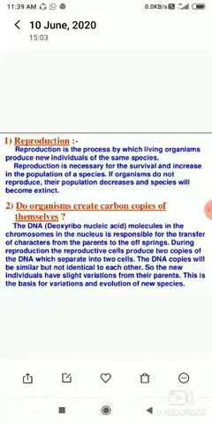Now, do organisms create carbon copies of themselves? This also we have discussed earlier. Lower organisms, like hydra, planaria, and unicellular organisms, carry out the asexual mode of reproduction, which we are going to learn now, and they create carbon copies. That means the new organisms are exactly similar to the parent organism.